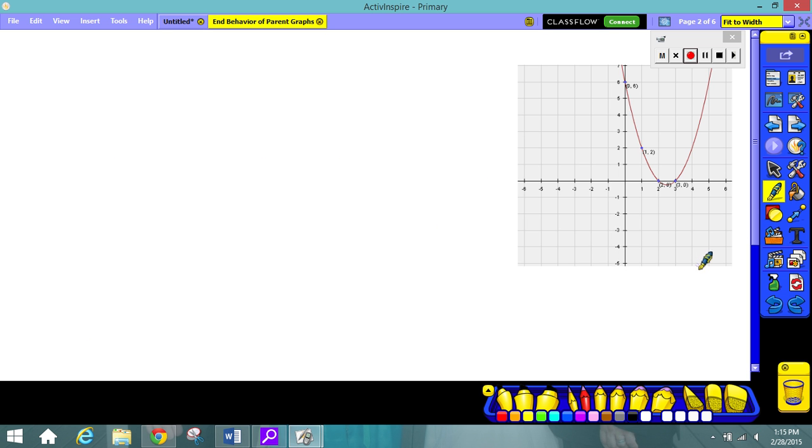First, let's take a look at our standard polynomial. This is an x squared graph. And so on the left-hand side of the graph, we're going to say, change the color here so we can see this a little better. As x is approaching negative infinity on the left, f of x is approaching, and we can see this is pointing up, positive infinity, because it's pointing up.